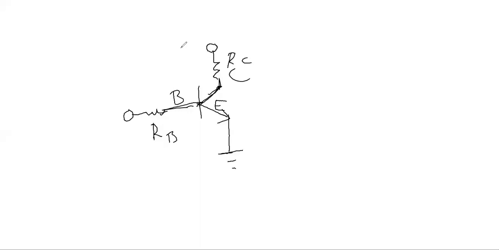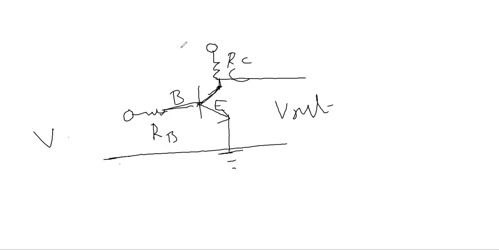If we want to connect, for example, we can make it like this. We can take Vout and Vin here. This voltage is VB, and this voltage is VCE.